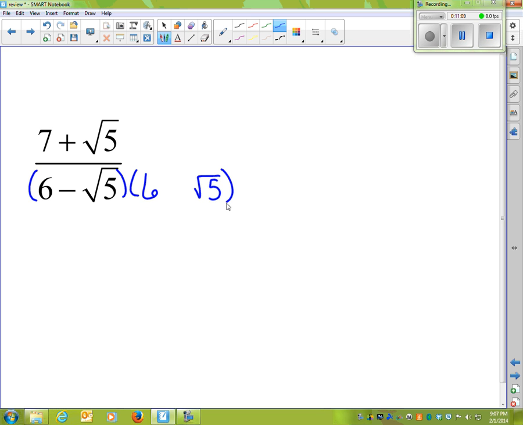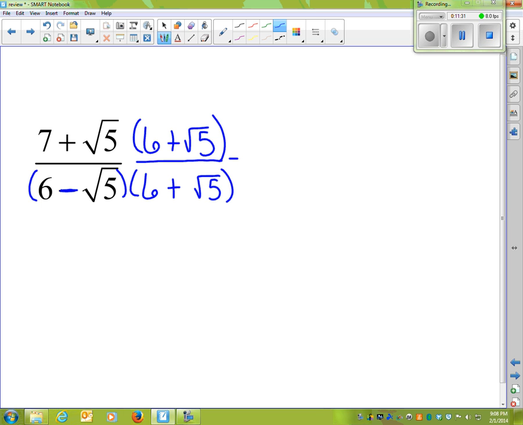They gave me a minus, so I'm going to make it plus. Conjugates. It's always the opposite sign of what you're given. And what you do to the denominator, you also do to the numerator. And the laws of math are satisfied.